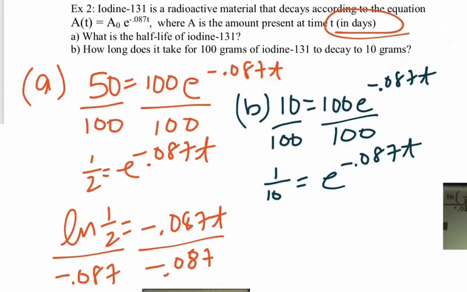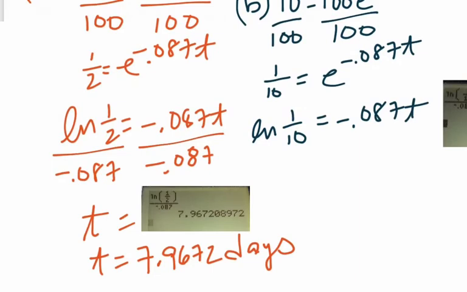Then I'm going to write it logarithmically. So it's going to be ln of 1/10 is equal to negative 0.087t. And in this case, I'm going to divide by negative 0.087 on both sides.